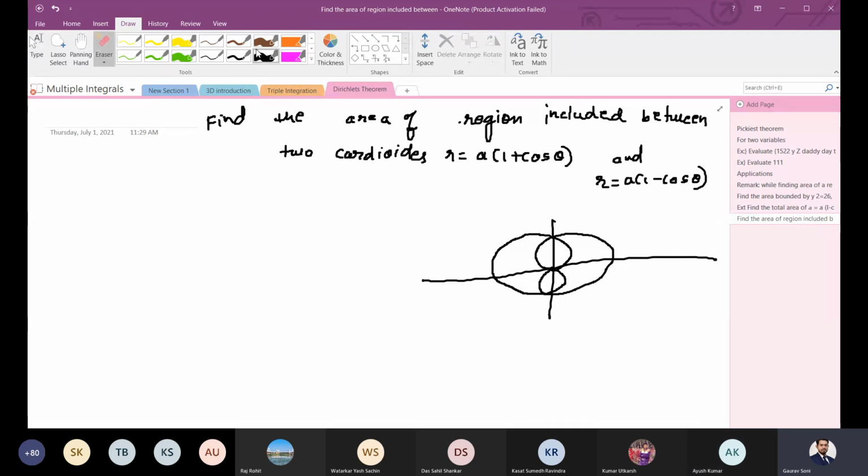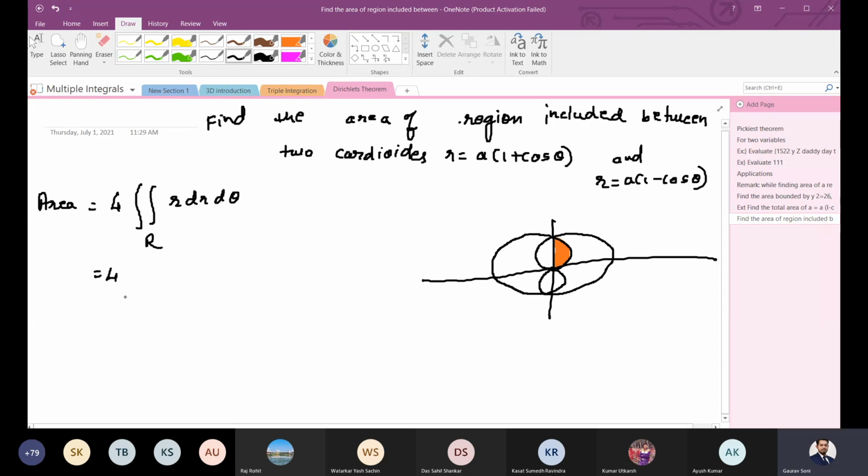Your region is going to be symmetric about both x as well as y. So if I just find out this area, that would be fine for me, and I'll multiply it by 4. Theta is from 0 to pi by 2. Area is equal to 4 times integral over r, integrand is r dr d theta.